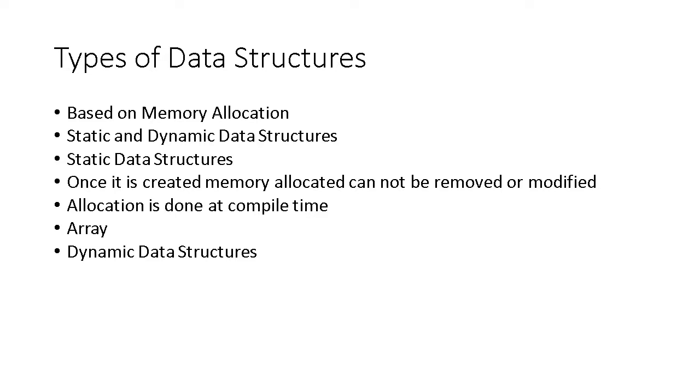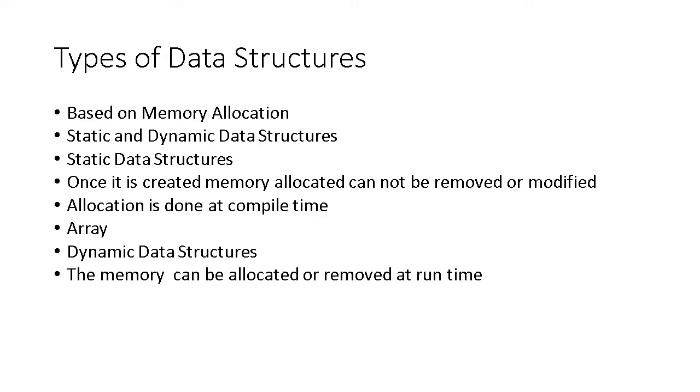Dynamic data structure, from this we can say it is exactly the reverse of static. We can do memory allocation at execution time. We can remove as well as allocate memory at execution time. So allocation will be done at execution time, and deallocation also we can do at execution time.